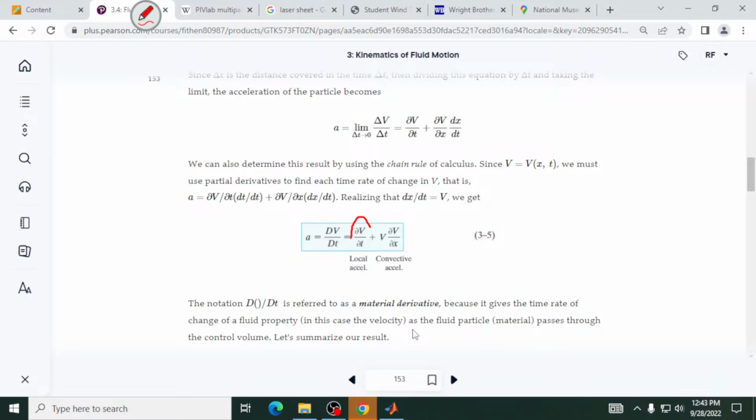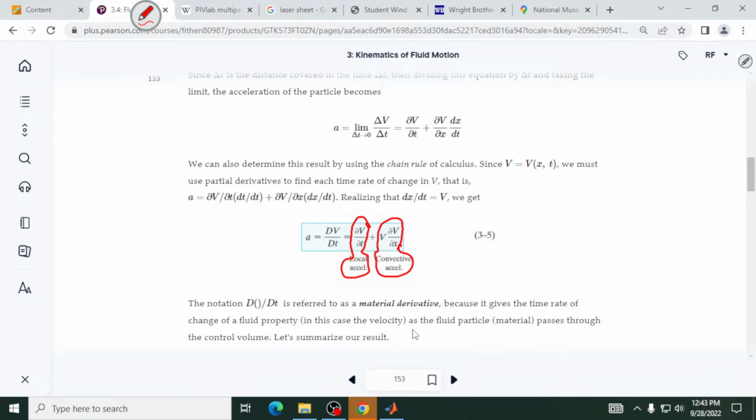You have the local, or what I'd like to call time-dependent part, and you have what he calls convective acceleration, but I would just call it a part of the acceleration that has to do with the Eulerian framework, just staring at it.